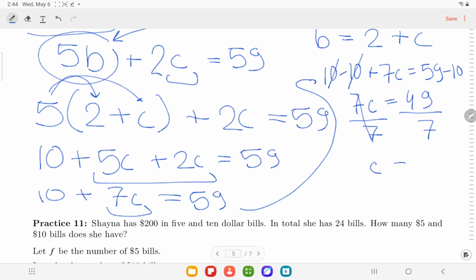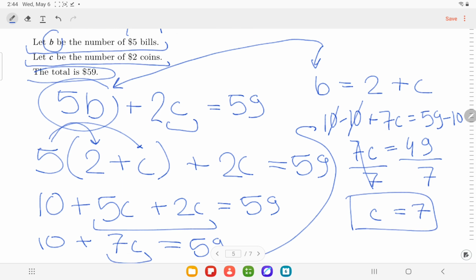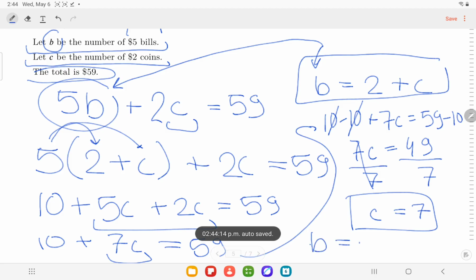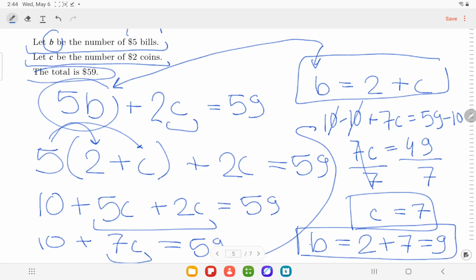And we end up with c equal to 7. And then to find our b, we simply substitute c for 7 into this equation. So we end up with b is 2 plus 7, which is 9. So Sarah has 7 $2 coins and 9 $5 bills.